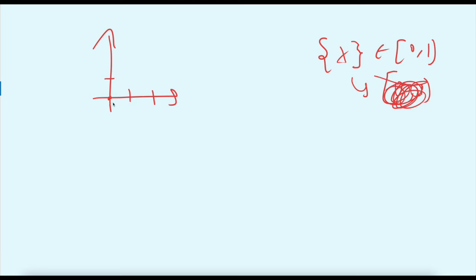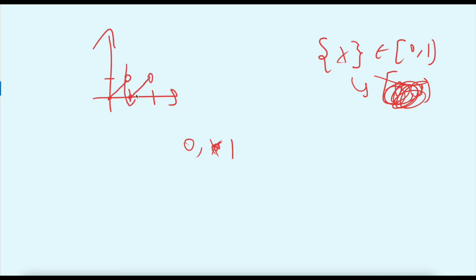From 0 to 1, the fractional part of x is equal to x. So this will be an open circle because it's never equal to 1. And at the next integer 1, it's again equal to 0 because x is an integer and equals its floor function. And it continues.